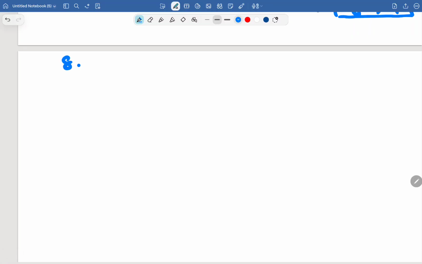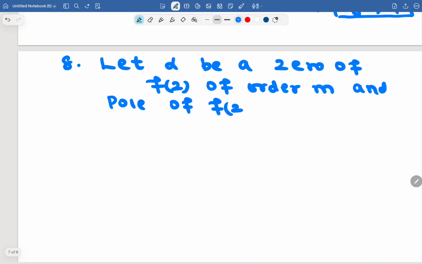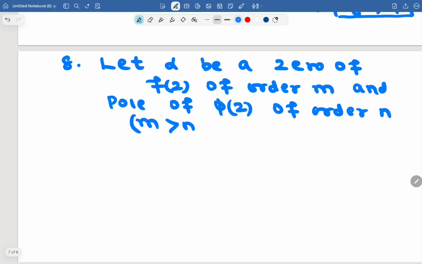Eighth problem. Let alpha be a 0 of f of z of order m and a pole of pi of z of order n, m greater than n.